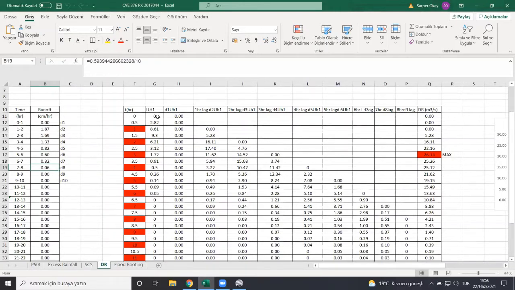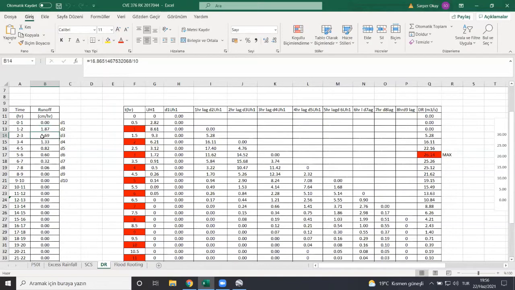Basically, you have 1 hour lag, okay, because in between 0 and 1, we have no excess rainfall, so there is nothing. So it starts from here at 1 hour. So we have 1 hour lag, this much OH1. What is this? 1.87. So we have 1 hour lag, 1.87 OH1.